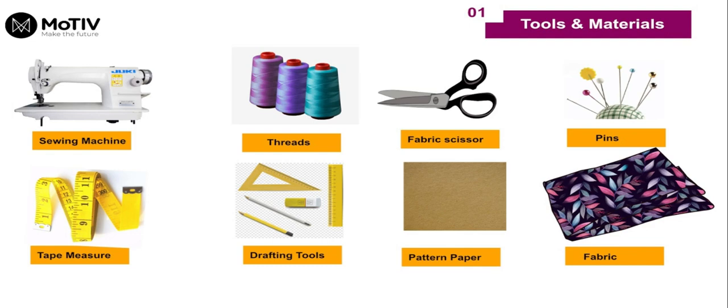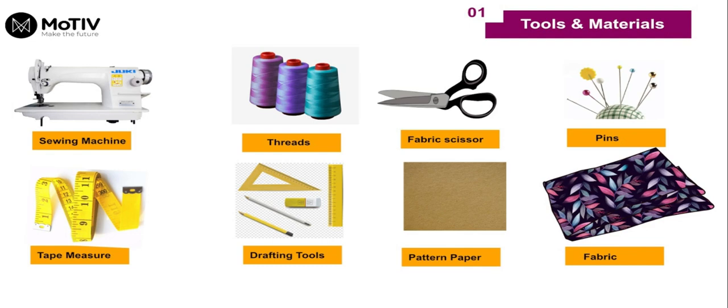You need to have a tape measure. You need to have drafting tools like rulers, pencils, and pens to help you to draft. And of course, you need to have pattern paper. Now, I understand you're home. Most of you don't know where to access pattern paper. It's still fine.